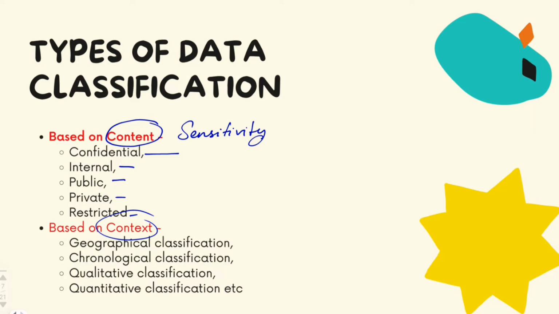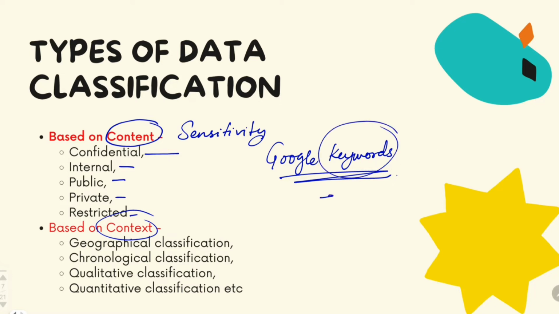Have you used the Google keyword search option? The Google keywords. If you have, then you would be easily able to relate with me. If you have not, just go to Google and give it a search. Keywords is, I think, a paid option, so you can go for the Google Trends page.